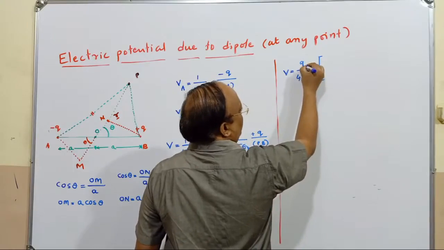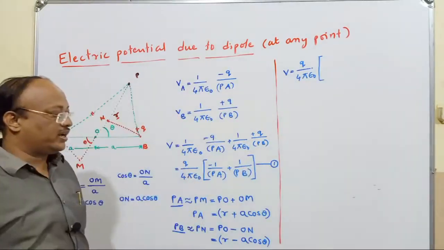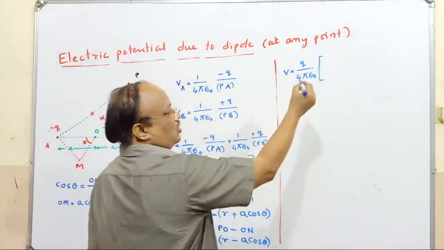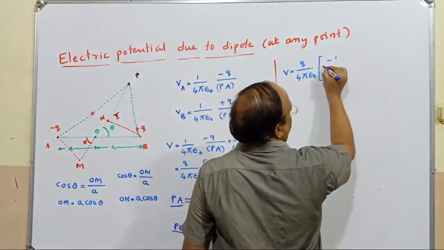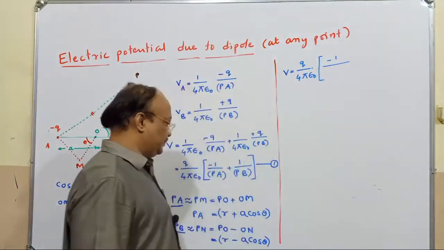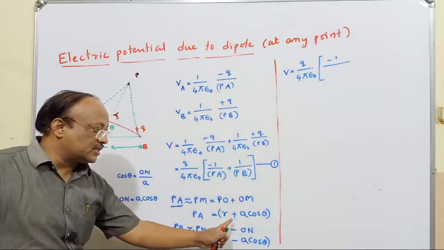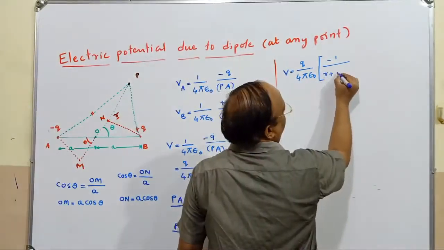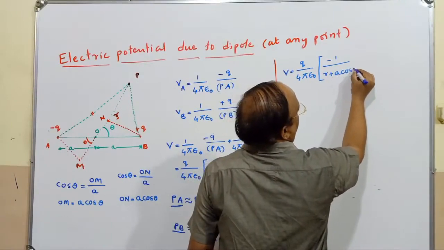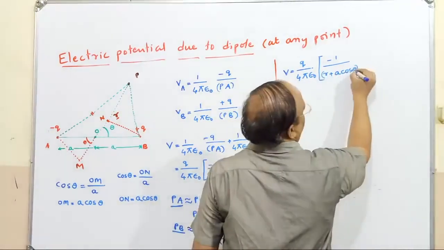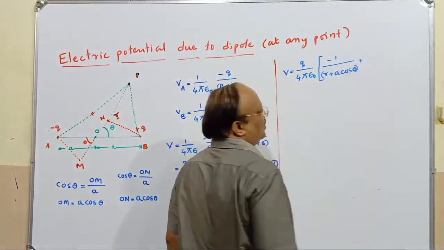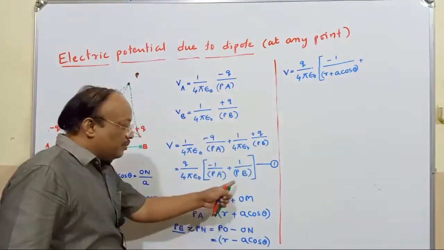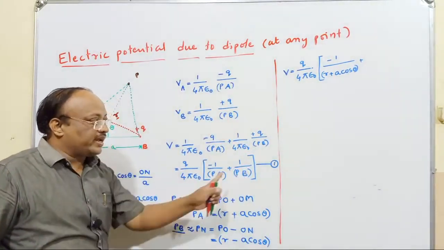Q also I have taken out. So minus 1 divided by PA value, which is R plus A cos theta, plus PB value I have to substitute in this equation 1.